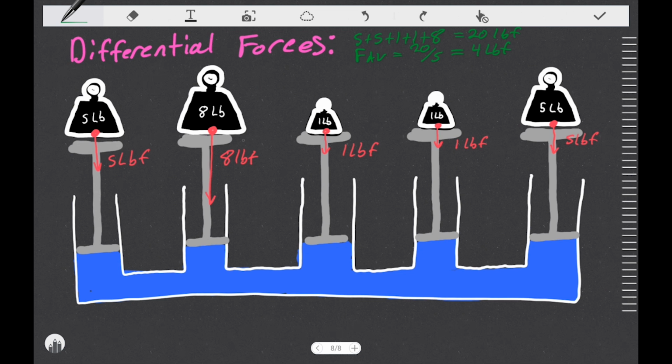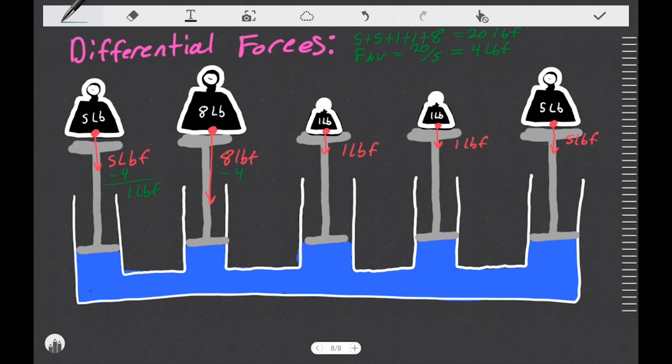At each of the individual weights, we can subtract that average force from the force that we actually have acting on the weight. So 5 minus 4 gives us 1 pound of force.